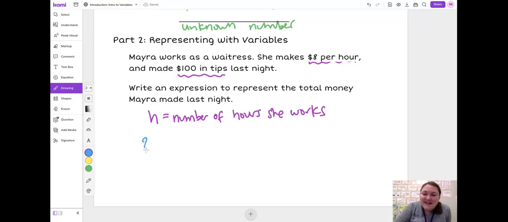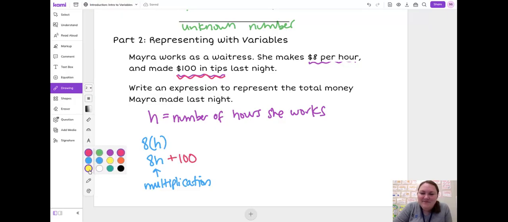So we could say something like 8 times H, 8 times the number of hours, or this is the same thing as just saying 8H. When you write it like that, it means multiplication. So we've got our 8H, and then there's one other thing we know. We know she made $100 in tips. That's adding money to her total money, so we could say 8H plus 100. So our expression for this story is 8H plus 100.